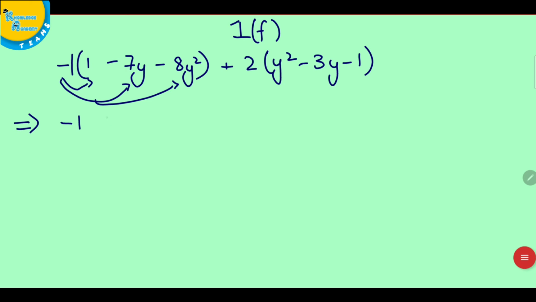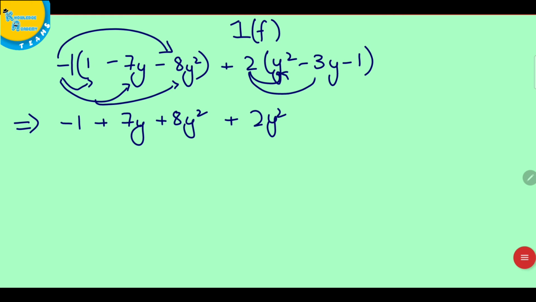Minus multiplied by minus will be plus 7y, minus multiplied by minus 8y will be plus 8y squared, plus 2 multiplied by y squared, 2y squared, 2 multiplied by minus 3y is minus 6y, and 2 multiplied by minus 1 will be minus 2.